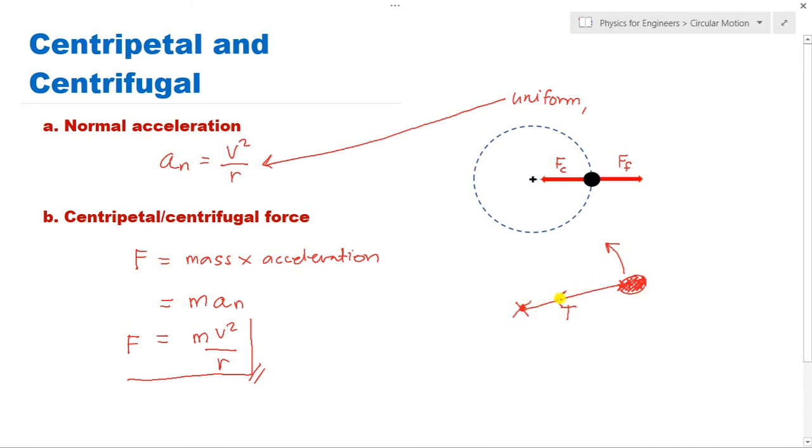So therefore, the reaction force for the tension is your centrifugal force, FF na. And to solve for FF, F of F is equal to mv squared over r. Kasi centrifugal and centripetal force have the same formula, but they have different directions. So, yun yung nag-counteract natin. Yun yung parang definition natin ng ating centripetal and centrifugal force.